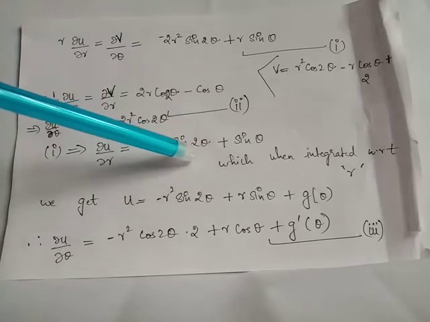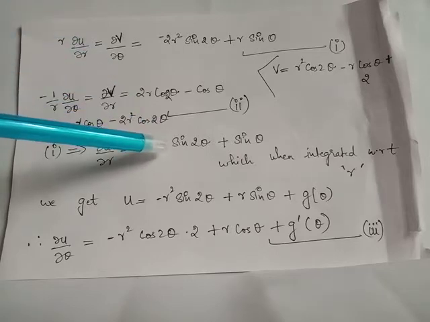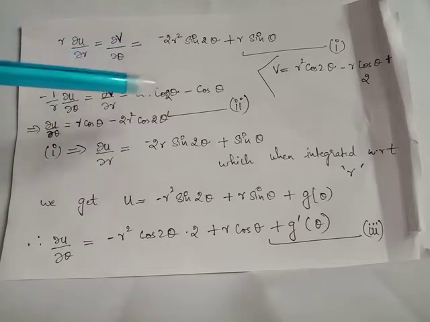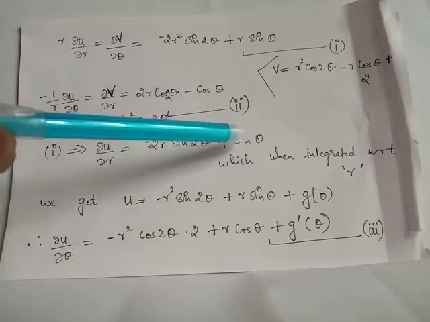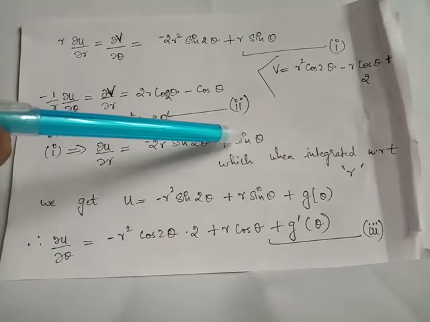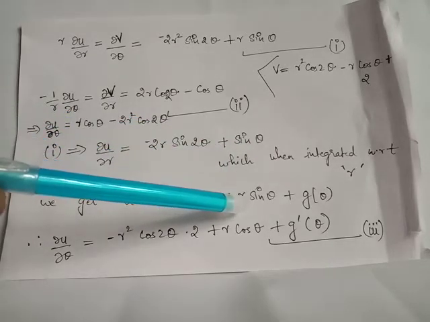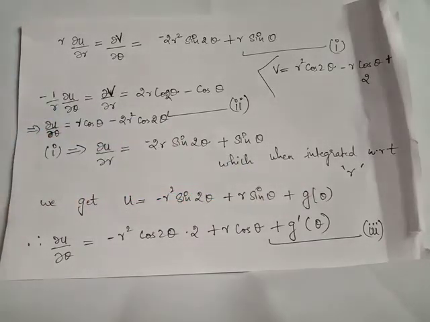If you integrate both sides of this equation with respect to r, treating theta as a constant, the integral of r is r square by 2. Therefore, 2 gets cancelled after integration. Here sin theta is treated as a constant term. Therefore, the integral with respect to r will give you r as the coefficient of sin theta. You have a constant of integration which may involve theta terms as well.